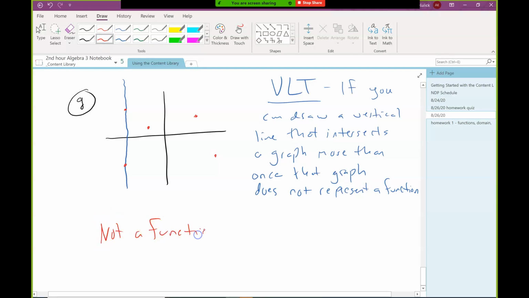Since I can draw a vertical line that intersects those 2 points, we'll say that this is not a function. Now, this vertical line test is really the same thing as what we did before, right? We're just checking for repeated x-coordinates. This is just a visual way to do it, since a graph is really a visual representation. Is everybody okay with that?